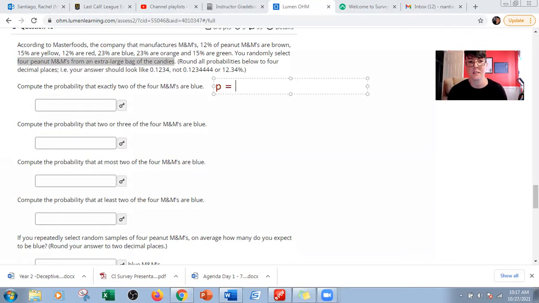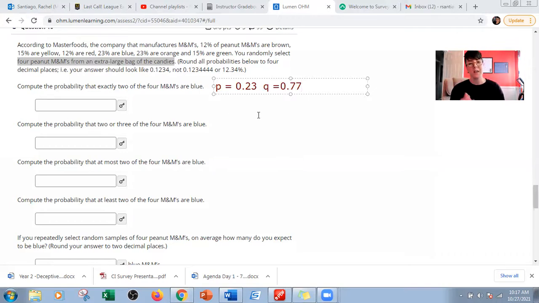Blue is 23%, which means 0.23. So then what are the chances we don't pick a blue? Would it be 77? Yes, that's exactly correct.